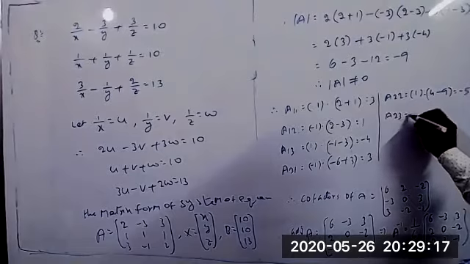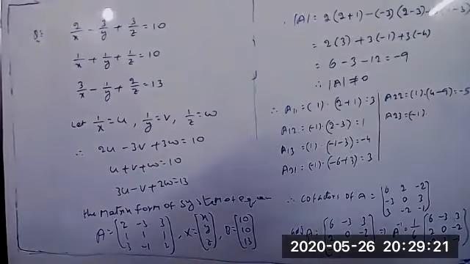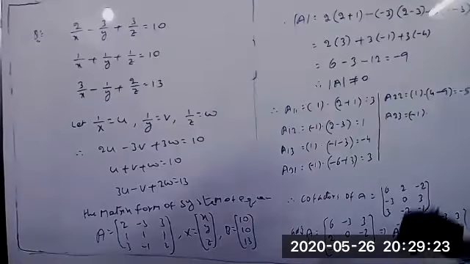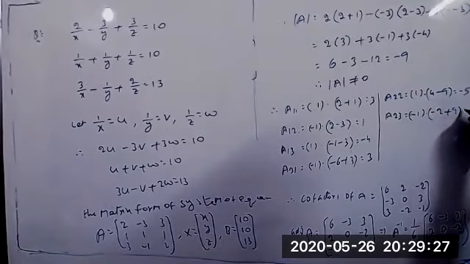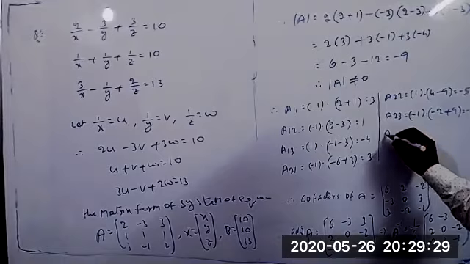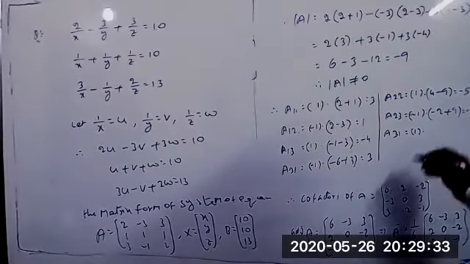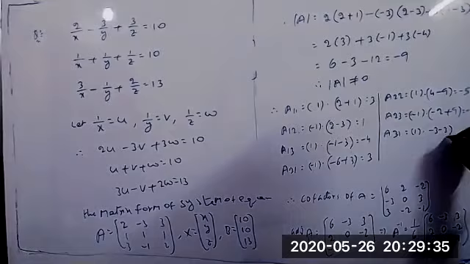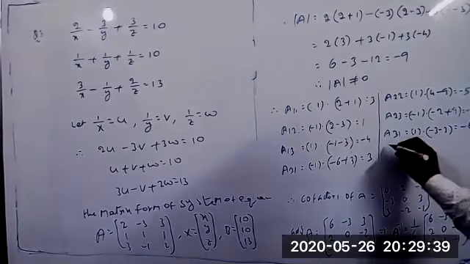Next, A23 equals minus 1 into (minus 2 plus 9). Minus 2 plus 9 equals 7, so this is minus 7. Next, A31 equals minus 3 minus 3, which is minus 6.